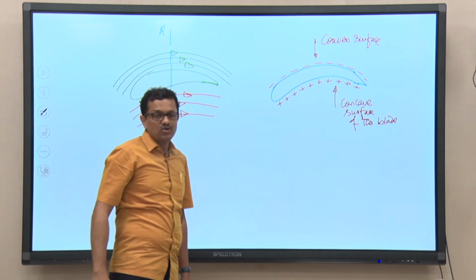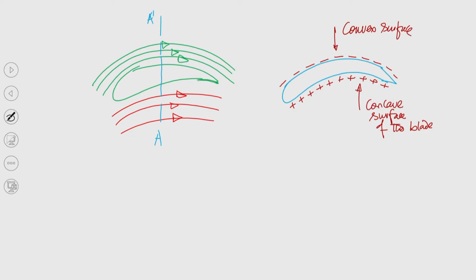right. So, what is that? A force will be acting in this direction, and that is FL, the lift force.